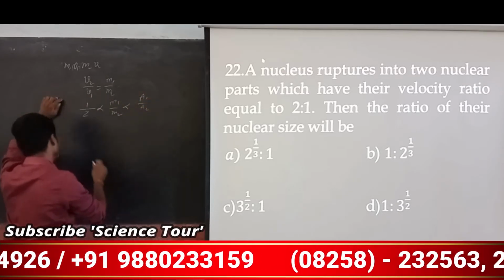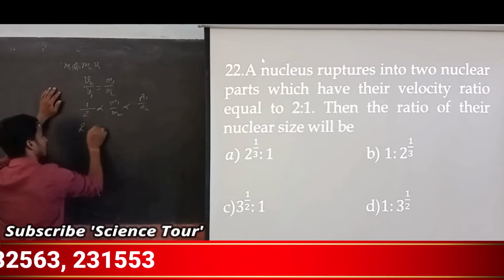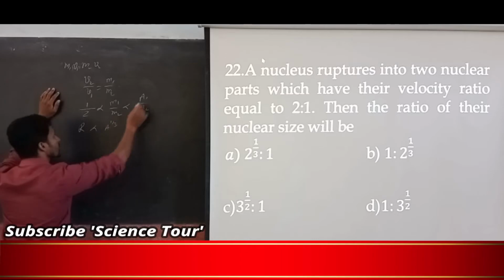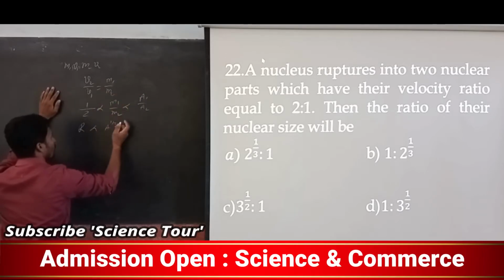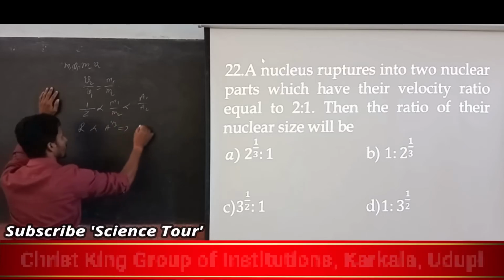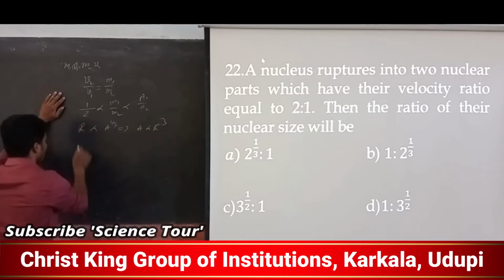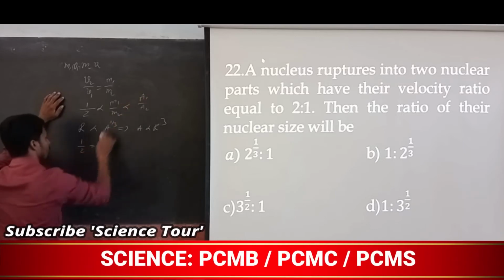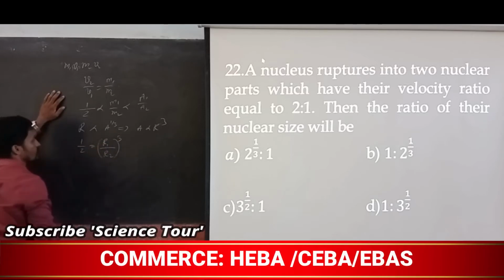We want to find R, and R is equal to R naught times A to the power 1 by 3. So I can write that A is directly proportional to R to the power 3. So 1 by 2 equals A1 by A2, that is R1 cubed by R2 cubed.